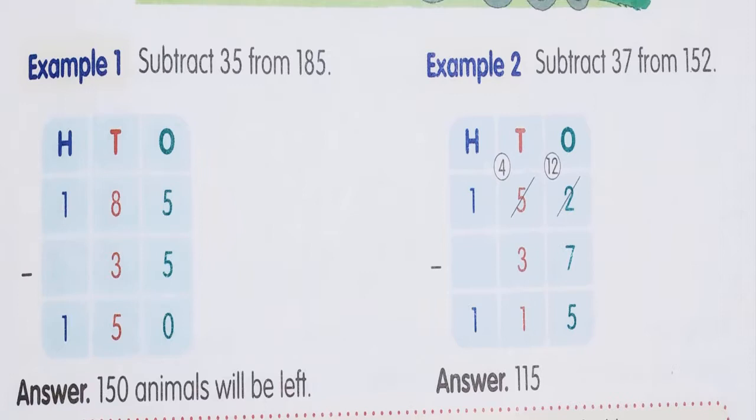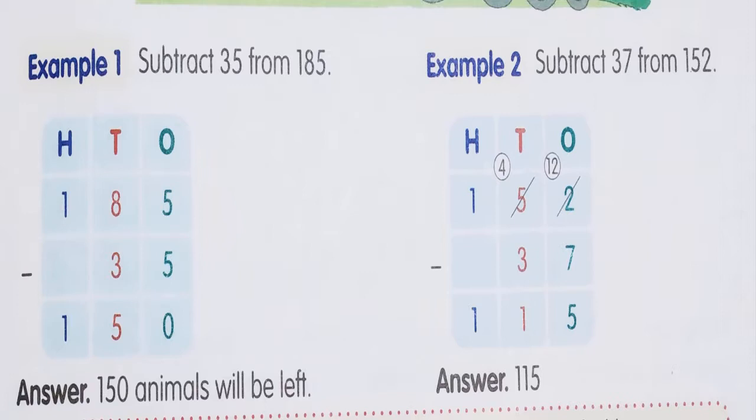So here, if we subtract 5 from 5, 0 we get, and then subtract 3 from 8 we get 5 and 1 is also remaining. So the answer is 150. But in example 2, here we take carry. We cannot subtract 7 from 2. So we take carry from the neighbor number. So here we get 12.